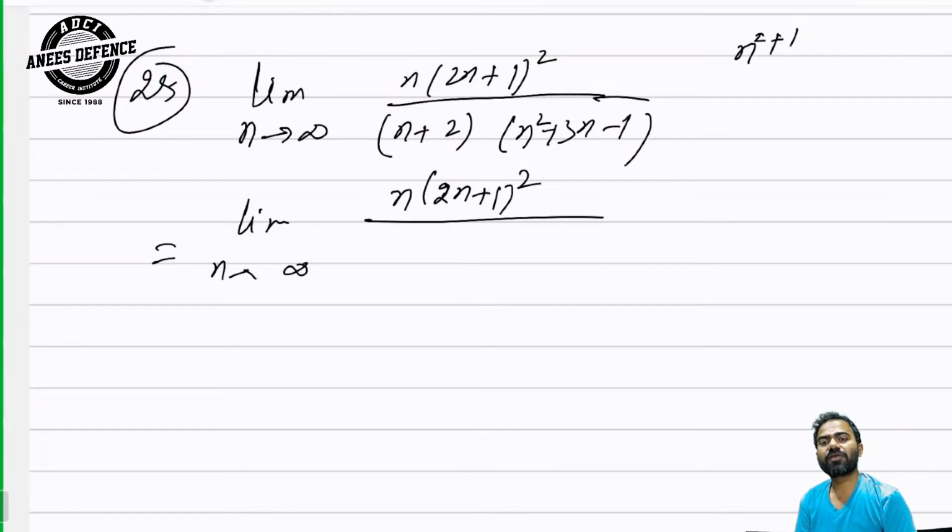So the highest degree of n in the numerator and denominator is 3, so we will divide by n cube. Have you understood this?